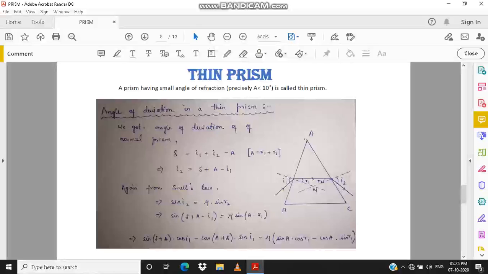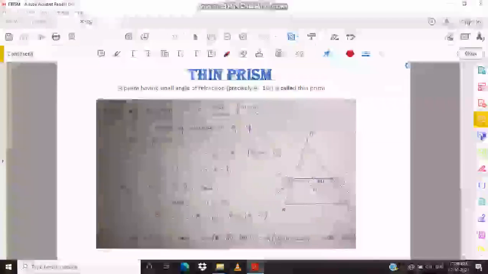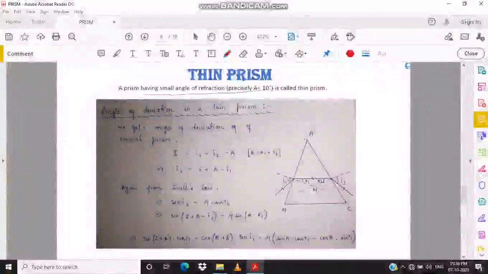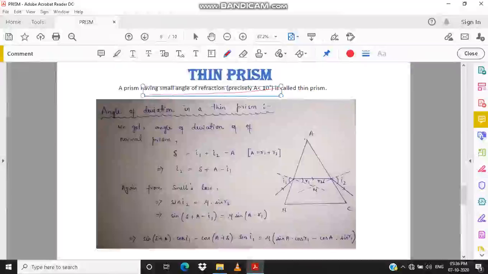What is thin prism? Thin prism is basically a prism whose angle of refraction or the angle of the prism is 10 degree.